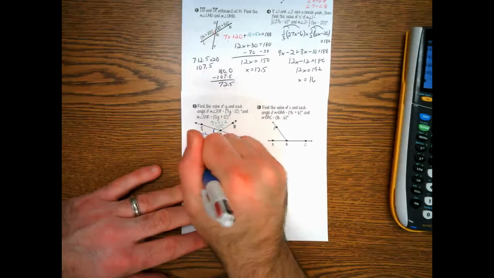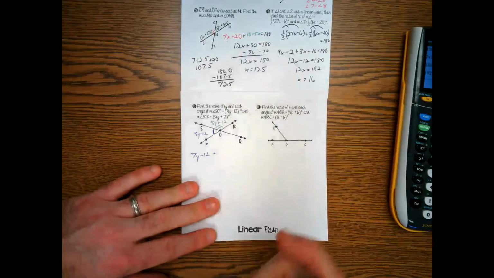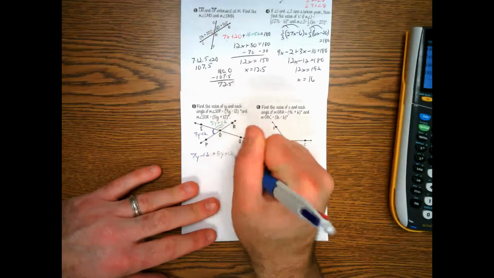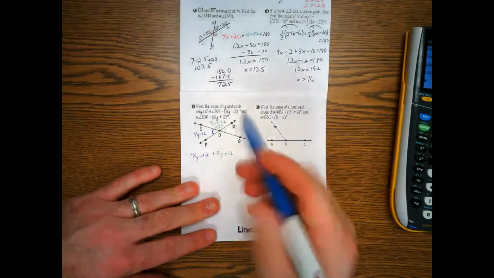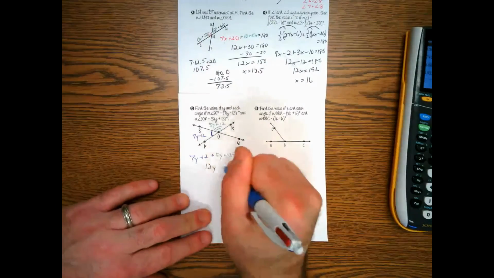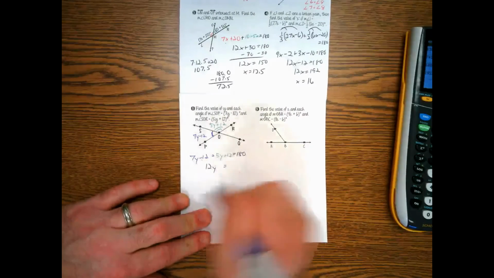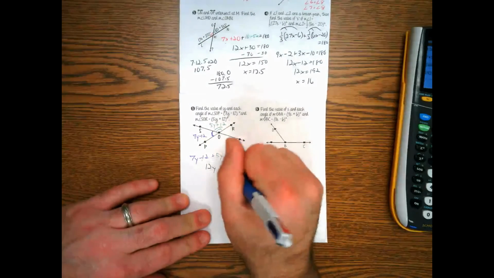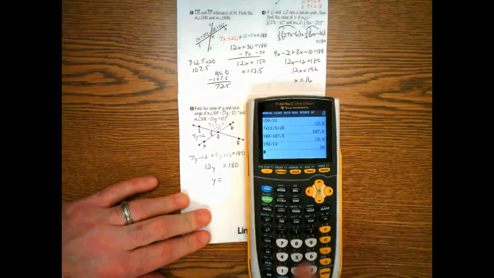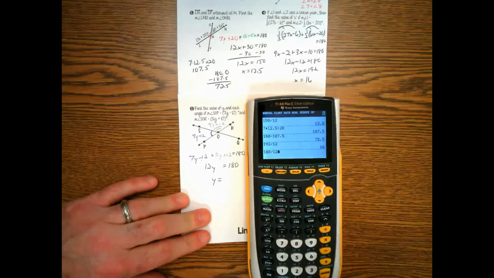So 7y minus 12 plus 5y plus 12 equals 180. All right, we get 12y is equal to, now minus 12 plus 12 makes 0, so it's gone, 180. Divide by 12, and I believe this is going to be 15.